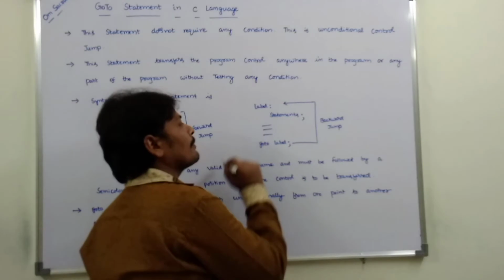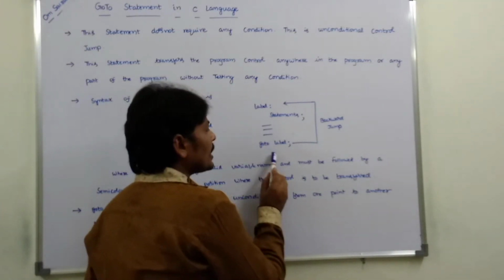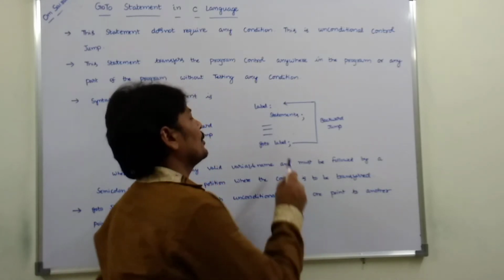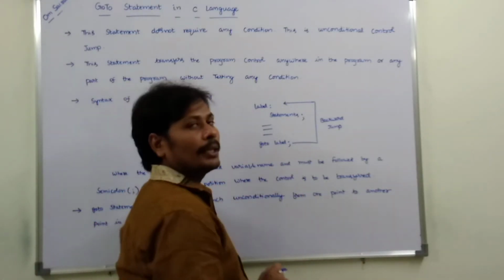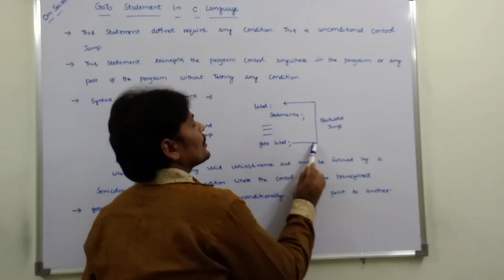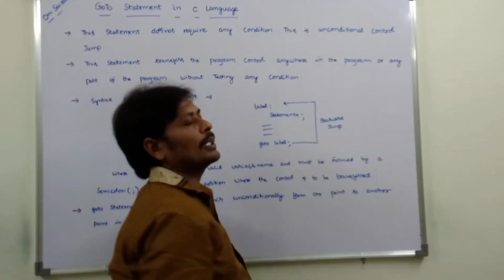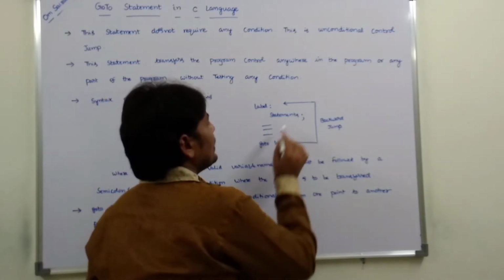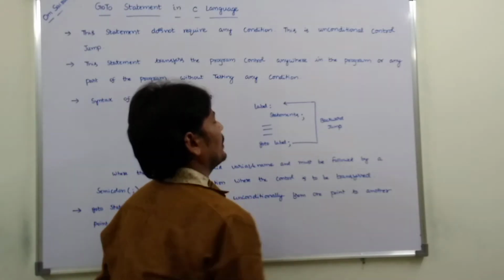Next, consider this one. Here, whatever statements come after the goto label statement are skipped, and immediately the program control is transferred from this statement to the label statement. These statements are executed.